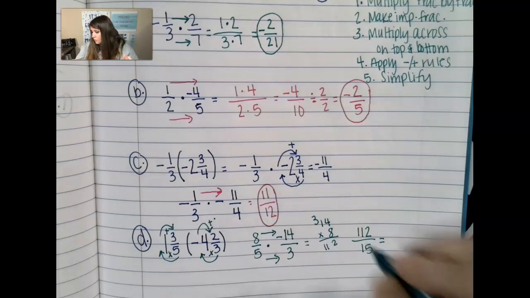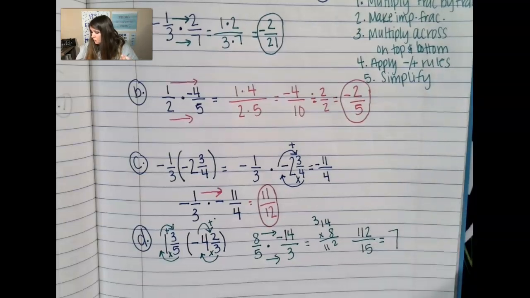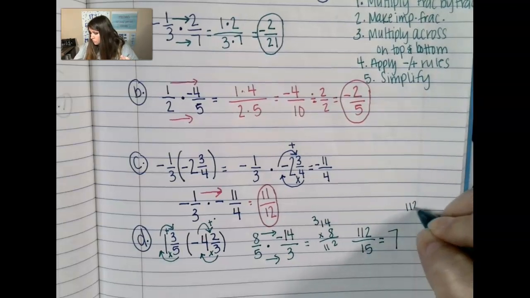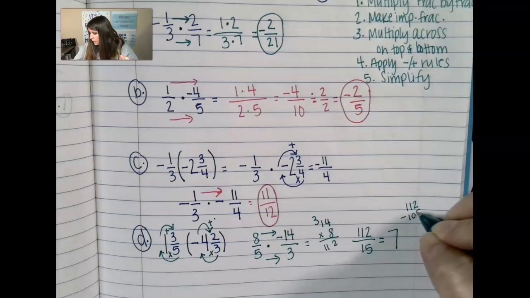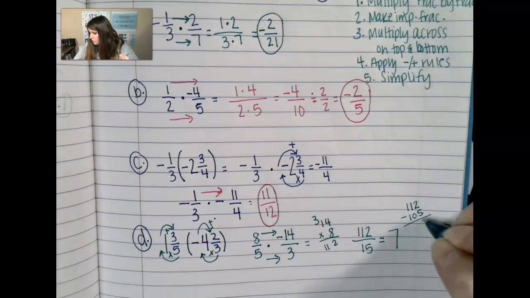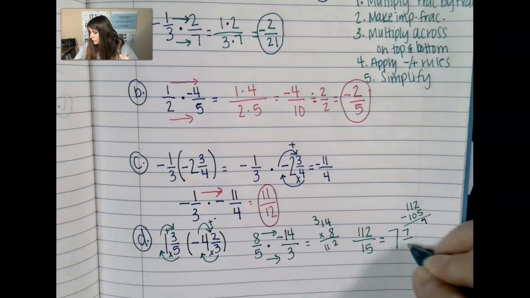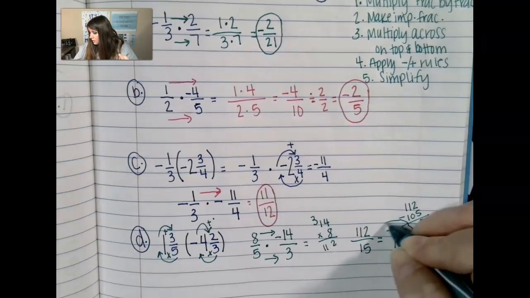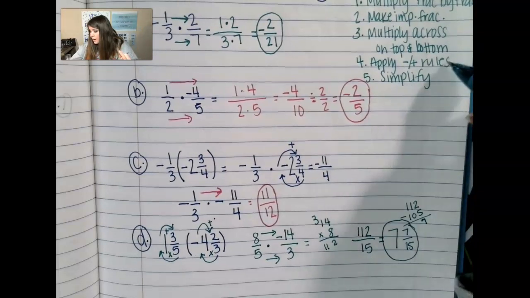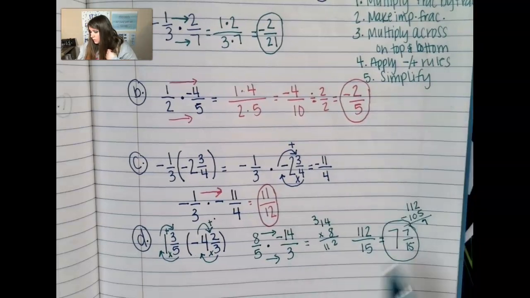So I have 7 wholes, and that was 105. So 112 minus 105, 7. So 7/15.